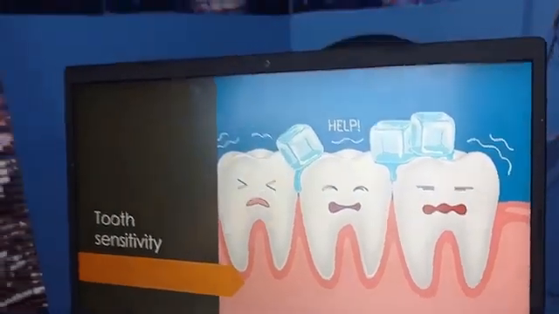Tooth sensitivity is defined as acute dental pain caused by dentin exposure that appears after contact with stimuli such as hot or cold, sweet or acid, or by touch. Causes of tooth sensitivity: poor oral hygiene, allowing accumulation of oral biofilm, in particular at the cervical level, which can destroy the enamel and cementum.